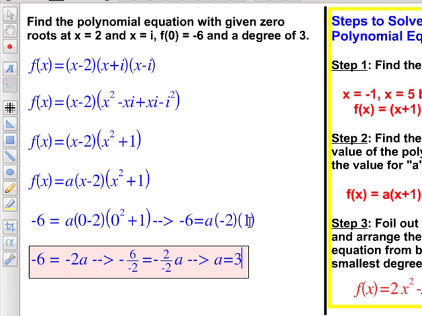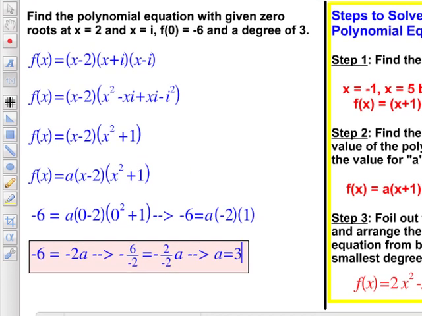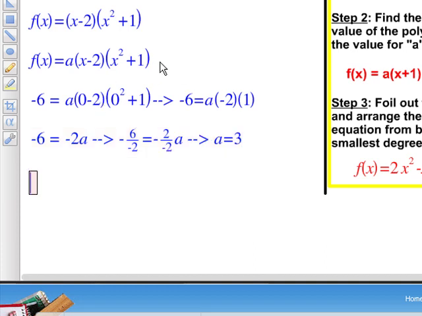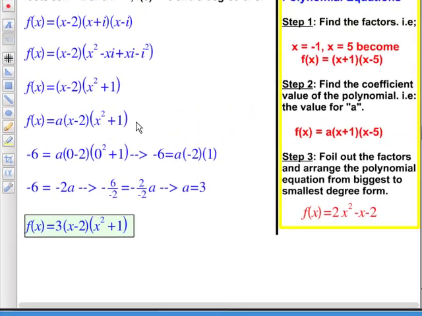Okay, so now that we've figured out what a is, we can rewrite our factor equation, and it'll become f of x equals 3(x minus 2)(x squared plus 1).